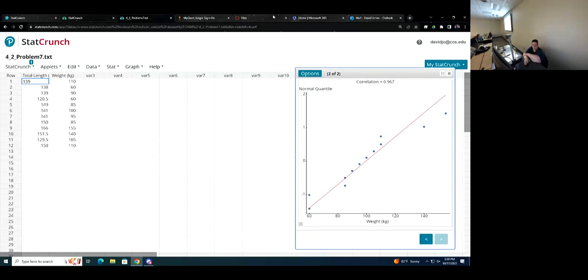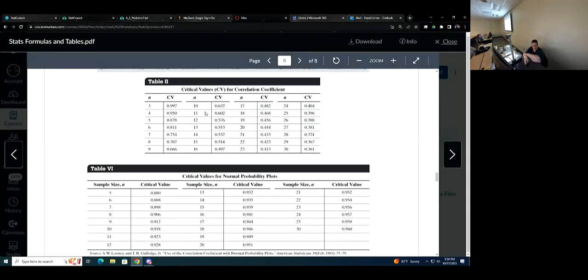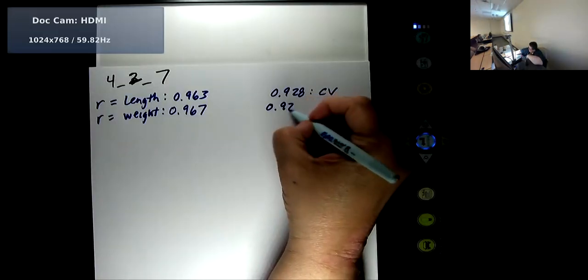If we come over and look at our file, we're doing the critical values for normal probability plots. And for n equals 12, we need it bigger than 0.928. So 0.928 is our critical value here. I got it from the table. I'm going to go back to the paper now so you can see what I'm writing.